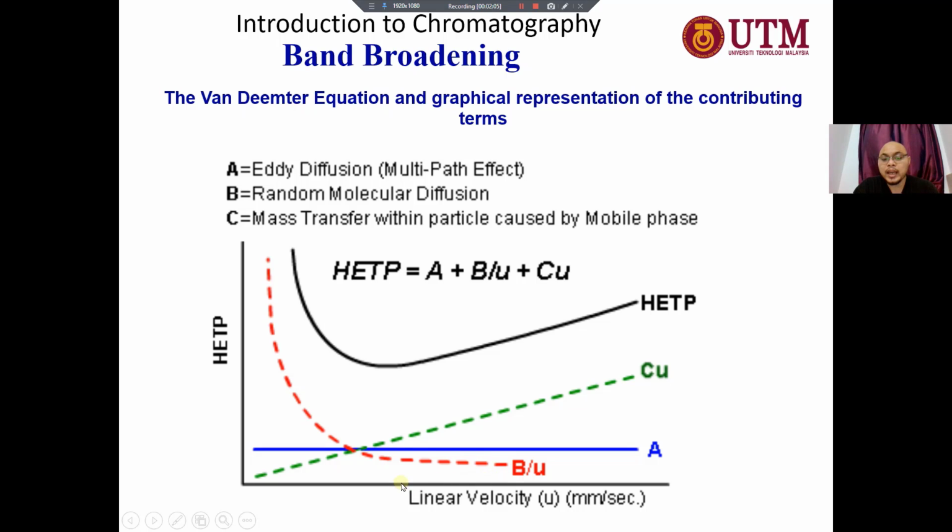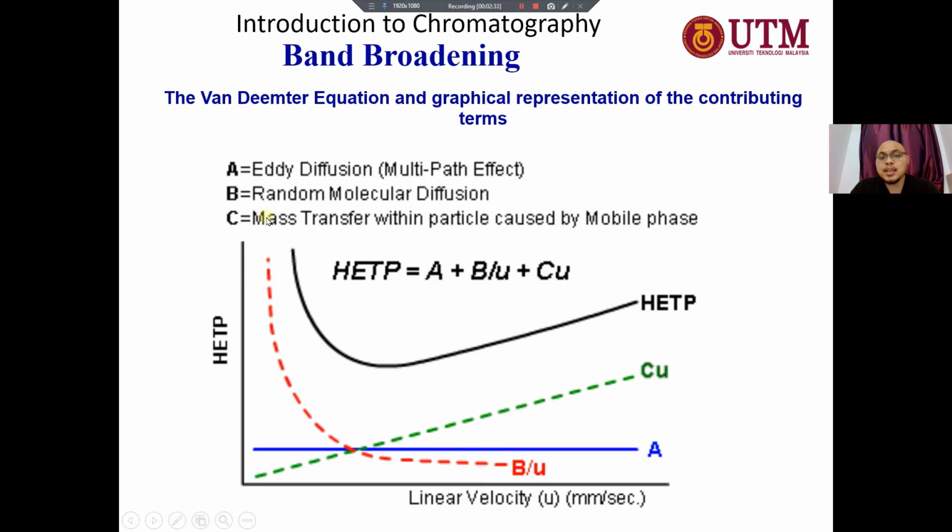At high velocity, the random molecular diffusion is less. As the velocity increases, the HETP or plate height becomes lower, so the efficiency of separation becomes better.